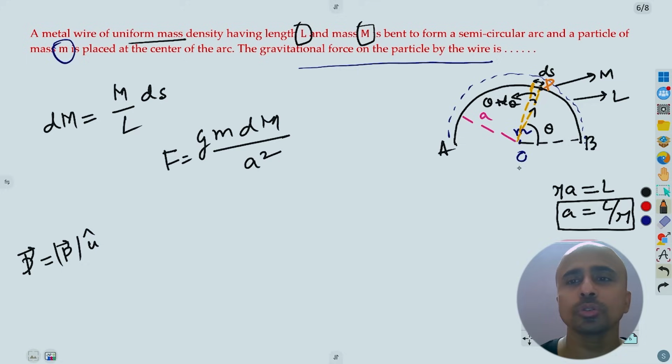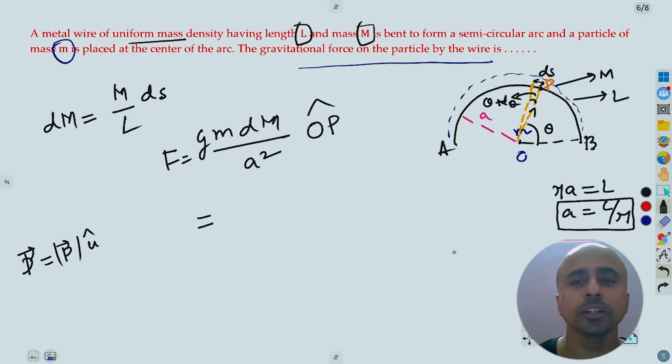So the force is along OP direction, and we need a unit vector along OP direction. We have the magnitude of the force, given from Newton's gravitational law, but we need a unit vector along OP direction. Let's name this as OP cap. So what is OP cap?